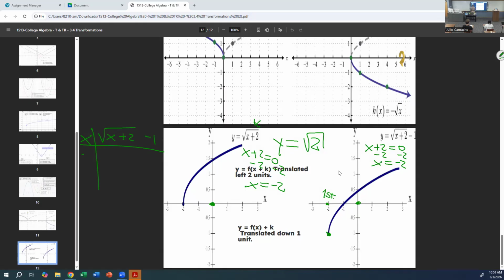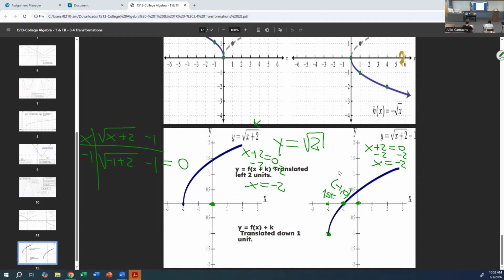What happens when you put -1 here? You have -1 plus 2 minus 1. -1 plus 2 is 1. The square root of 1 is what? 1 minus 1 is 0. So the point that you pick is -1, 0. That is exactly here.